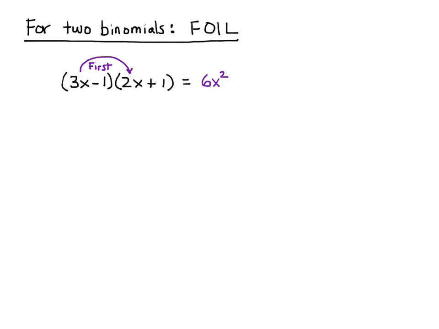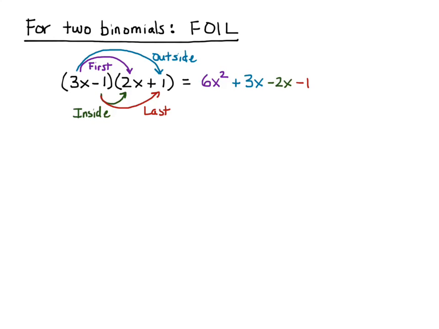And then the O stands for outside, so I'm going to use the outside, 3x times 1 to get 3x. And then I'm going to use the inside, negative 2x, and then use the last two terms, and I get minus 1. And so when I simplify it, I get the same polynomial.